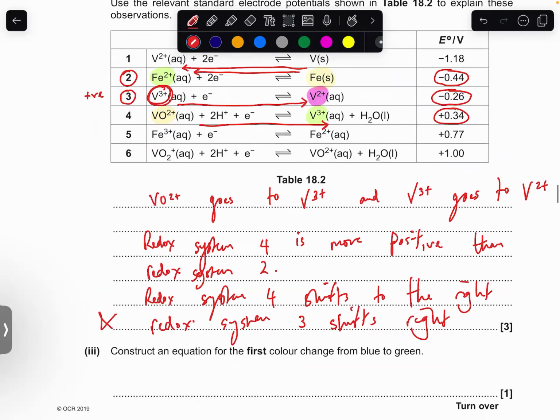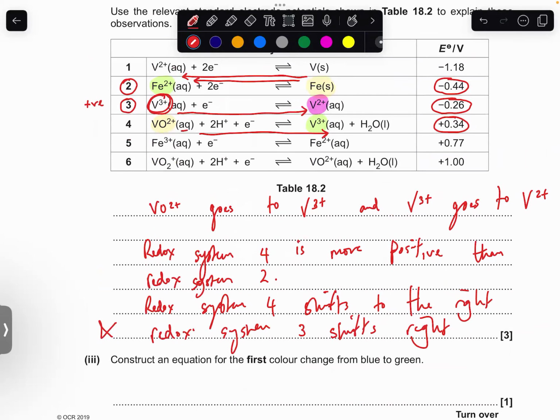These are the main points. So this goes to the right here, forms V3+, and then V3+ also shifts to the right to form V2+.